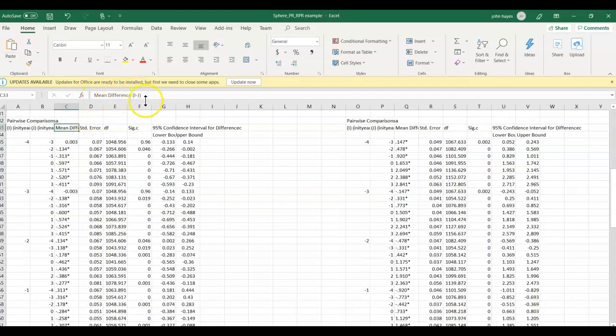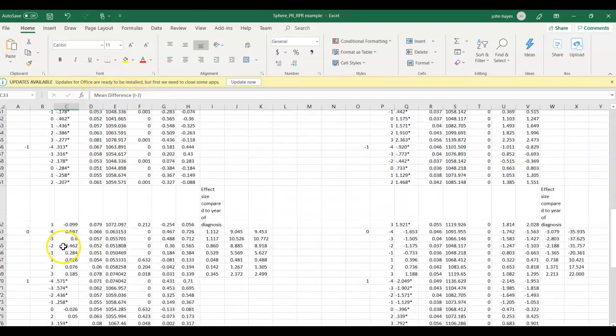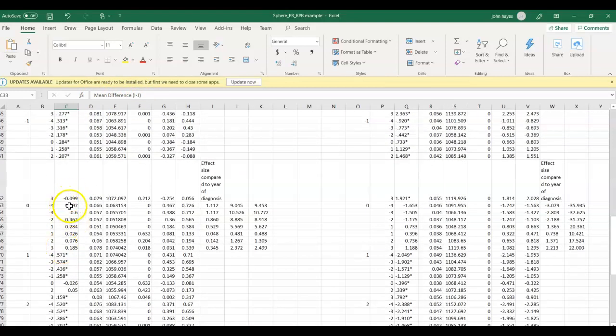So the computer's already done this for you, and I just take advantage of having already calculated it. Remember we said it was about 0.6, well there's 0.597. That was pretty close. And we said it was a little over 1, so it's 1.112. This is the effect size.